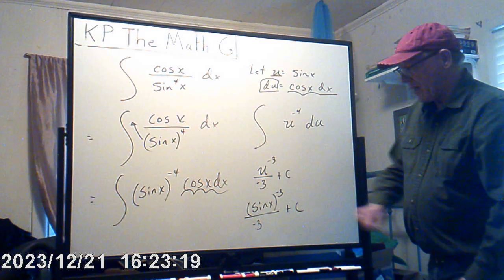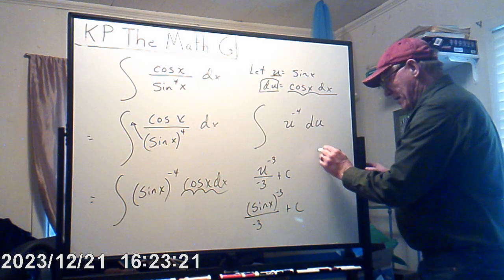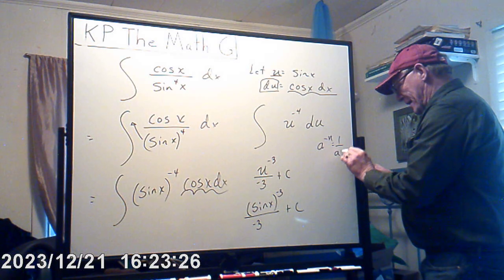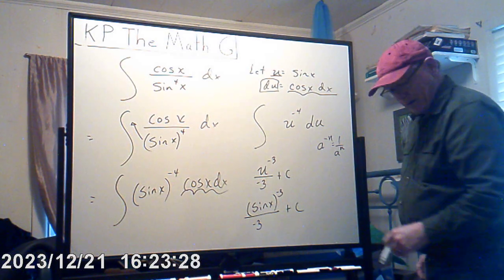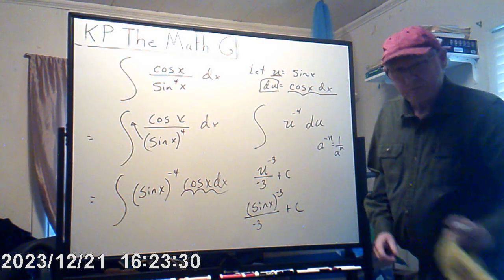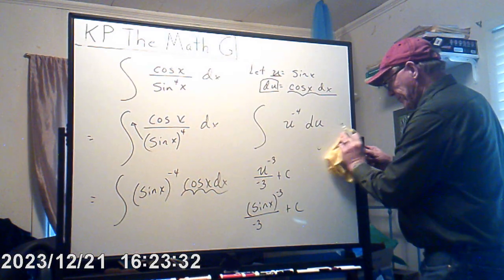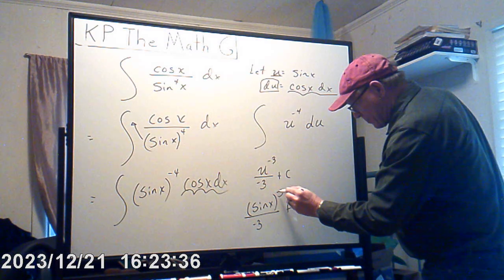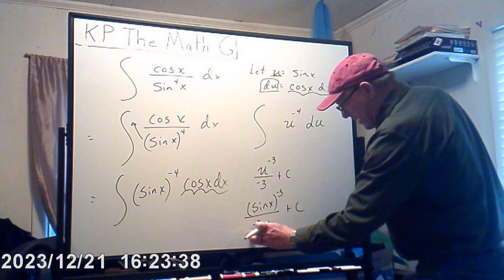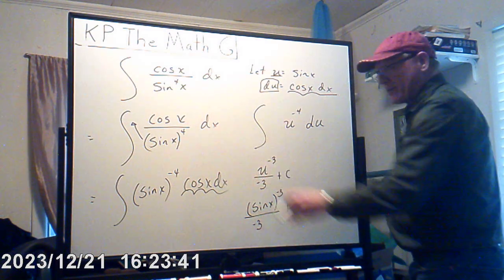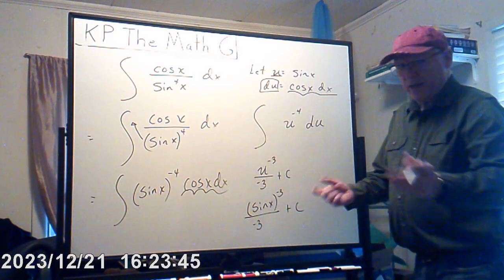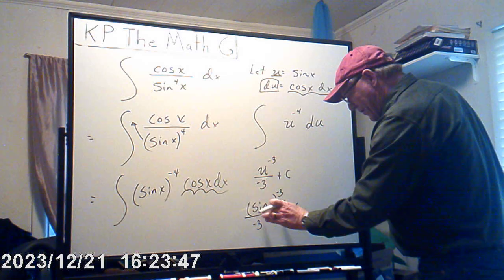I can fix this up. Remember that if I have a to the negative n, that's 1 over a to the positive n. So I'm just going to move this because this exponent is negative. This is not an exponent, so I'm not moving this up. Some students do that. It's the negative 3. I'm going to move it down there with the negative 3.